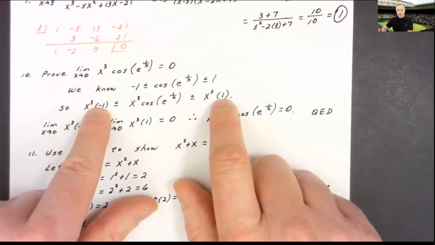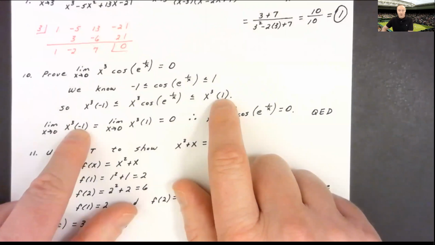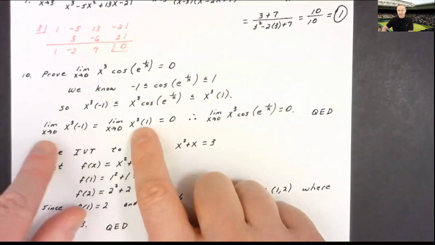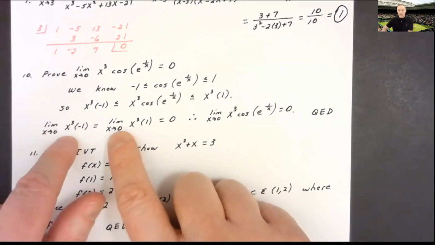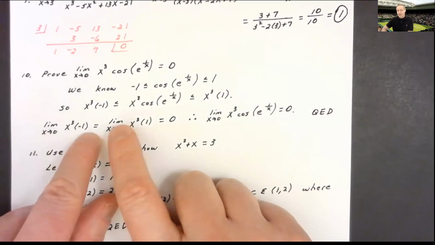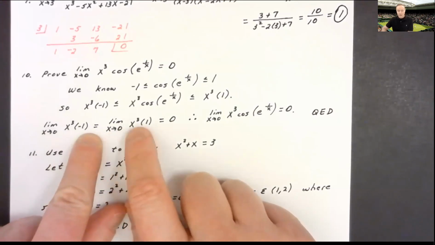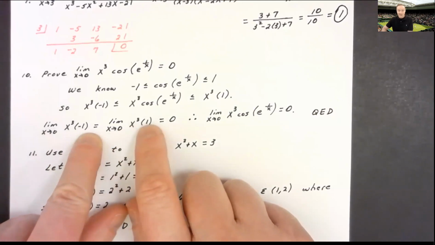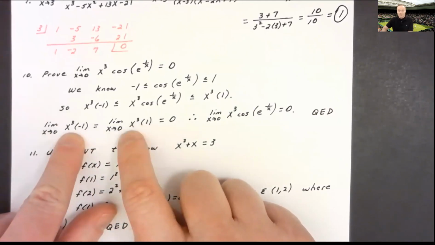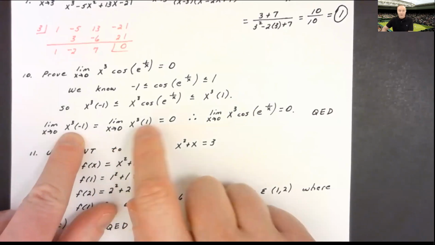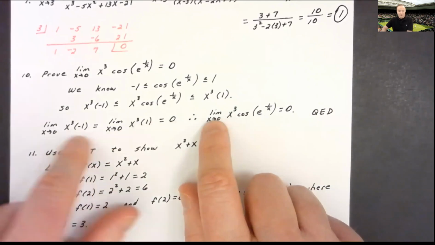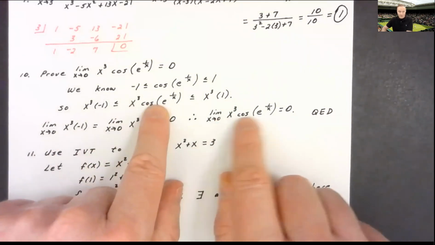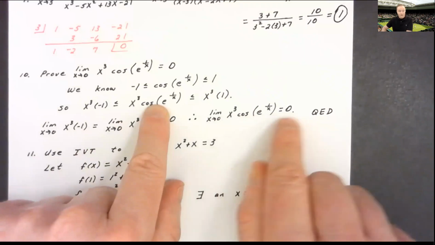Well, now notice, if I can show that the small function and the large function have the same limit as x approaches 0, and that's very easily done, John, because the limit as x approaches 0 of x cubed times -1 is equal to the limit as x approaches 0 of x cubed times +1, because in either way, it's 0 times a number that's -1 or +1. Thus, it's 0. Therefore, I can say the limit as x approaches 0 of the function that I was trying to prove is also 0.